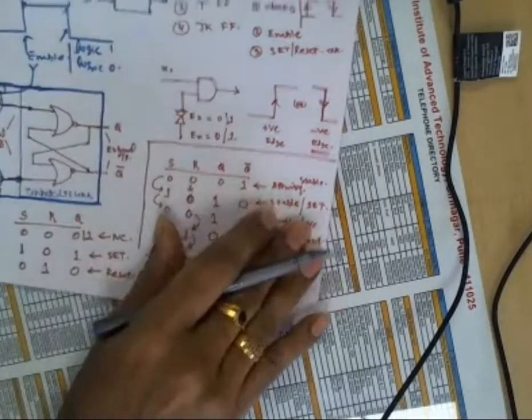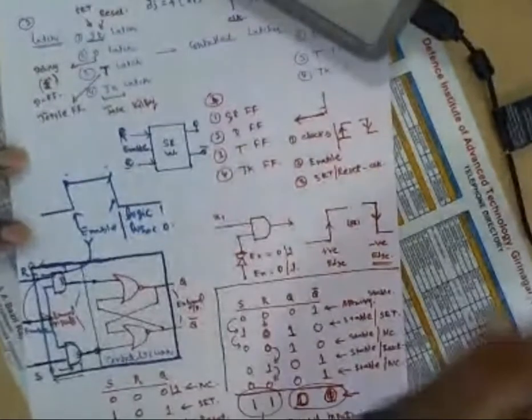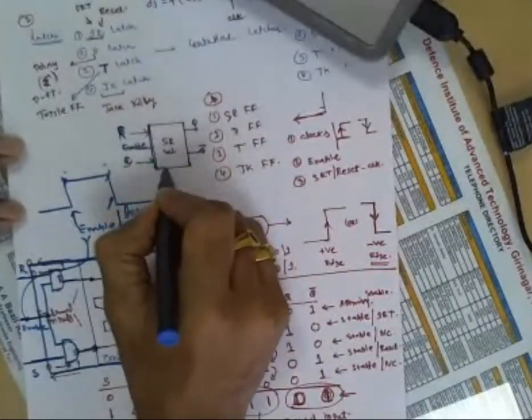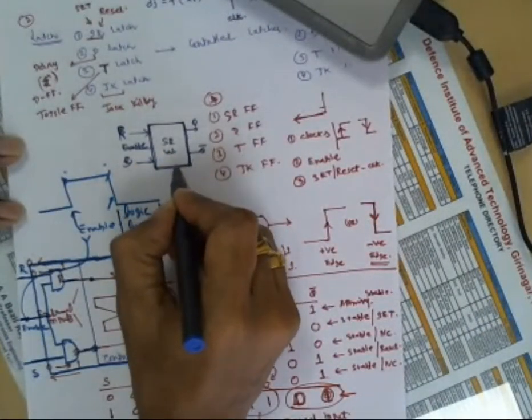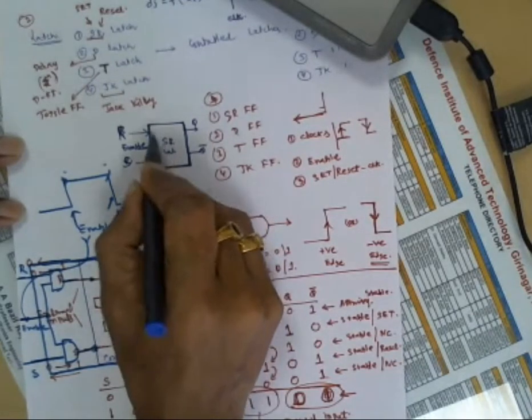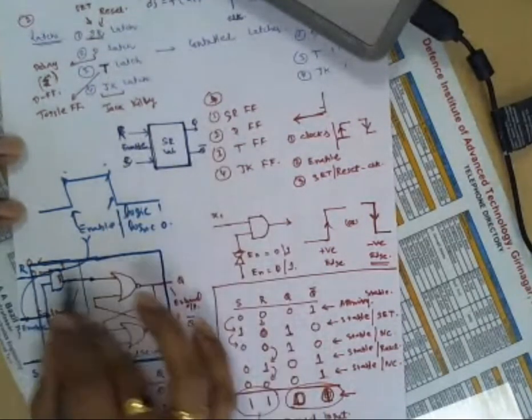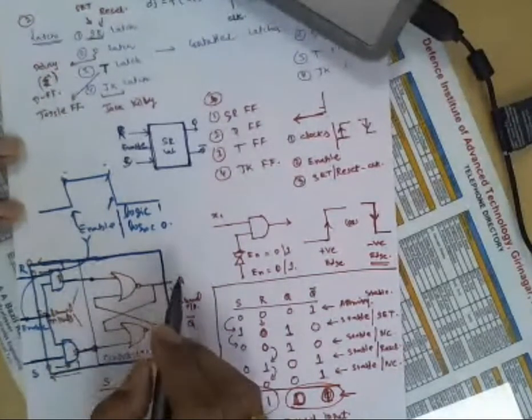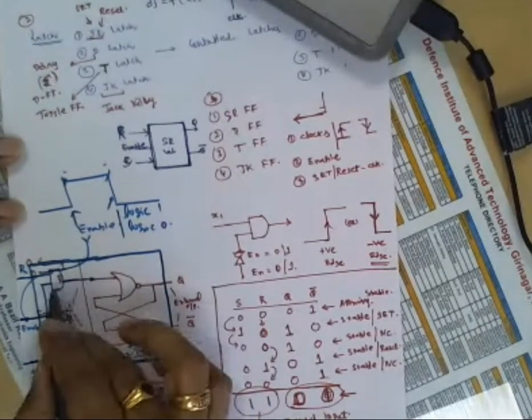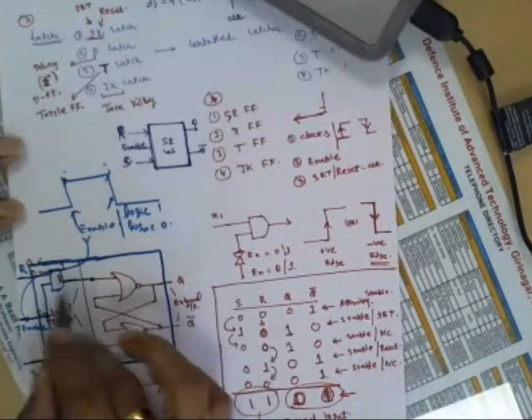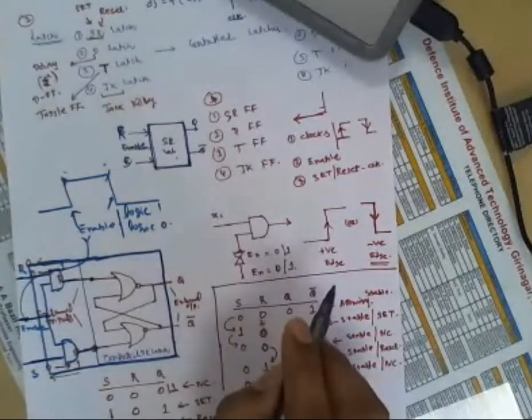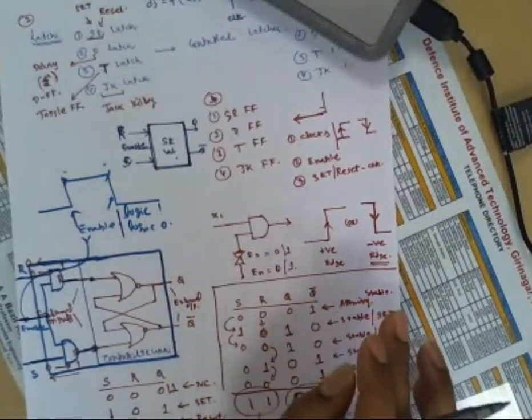That means this box, which we draw to indicate the SR latch, consists of all these components. If you open it, inside there are 2 NOR gates and 2 AND gates. So all these components are inside.